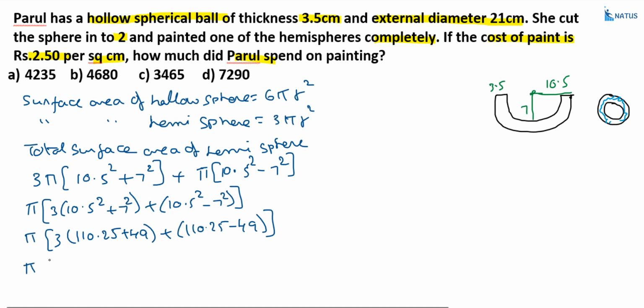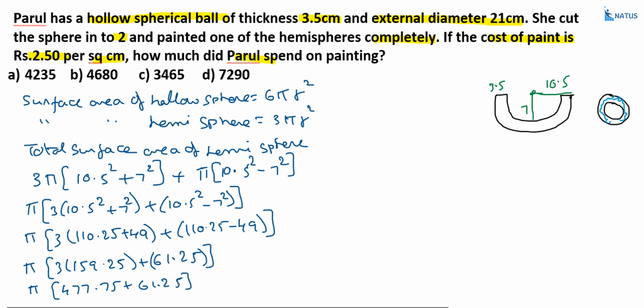So this is equal to pi into 3 into the sum, 159.25, plus 110.25 minus 49, that is equal to 61.25, right? And this is pi into 3 into 159.25, that is 477.75, plus 61.25.